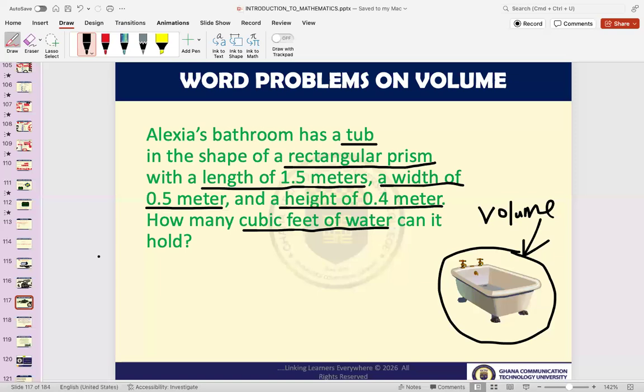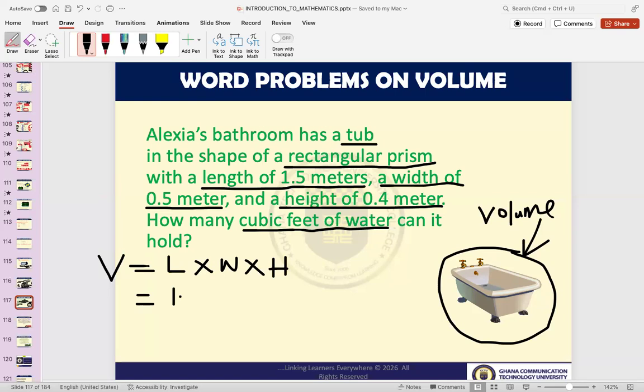So we pick our 3D formula. Volume equals the length multiplied by the width multiplied by the height. Then we pick our data.